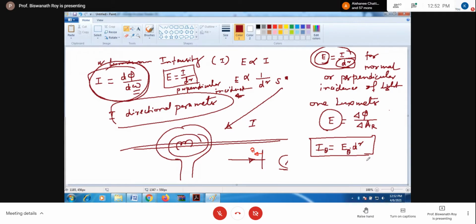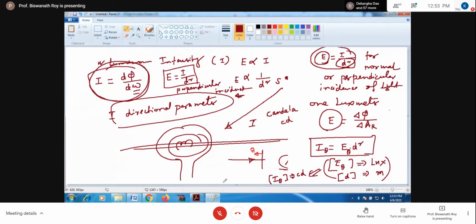I theta equal to E theta into d square, where E theta is in lux and distance is in meter. Then I theta is in candela, cd.